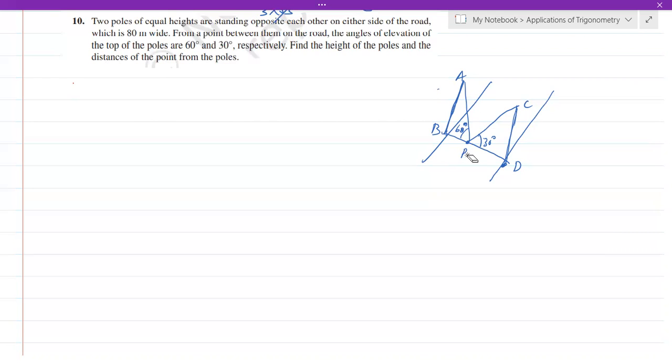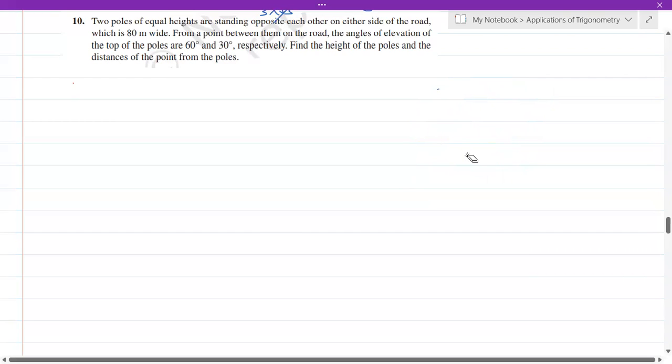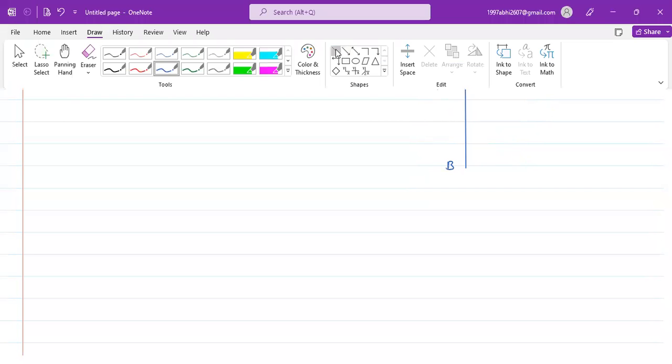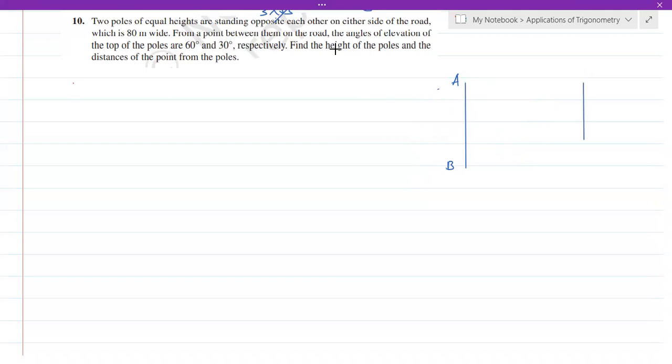Let's redraw this and just focus on this triangle part. As you know, there are two poles. Let's take this pole as AB, and there is another pole CD exactly opposite to this pole.